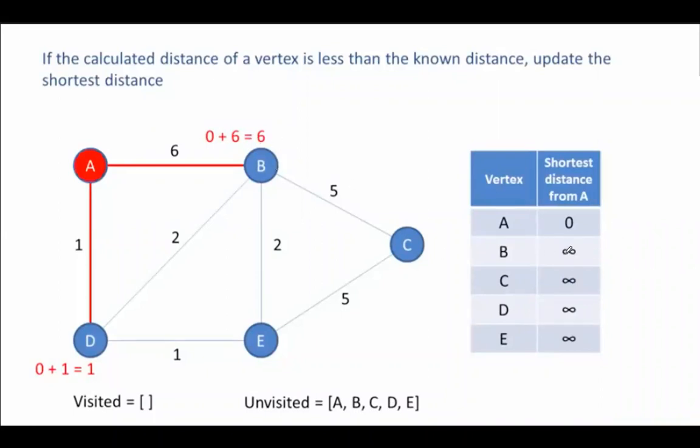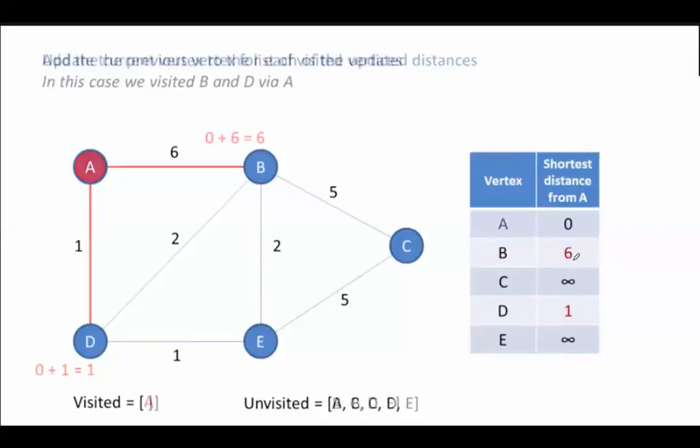For B, 6 is less than infinite, so we write 6 here. For D, the distance is 1, less than infinite, so we write 1 here. We have visited vertex A, and A is over.